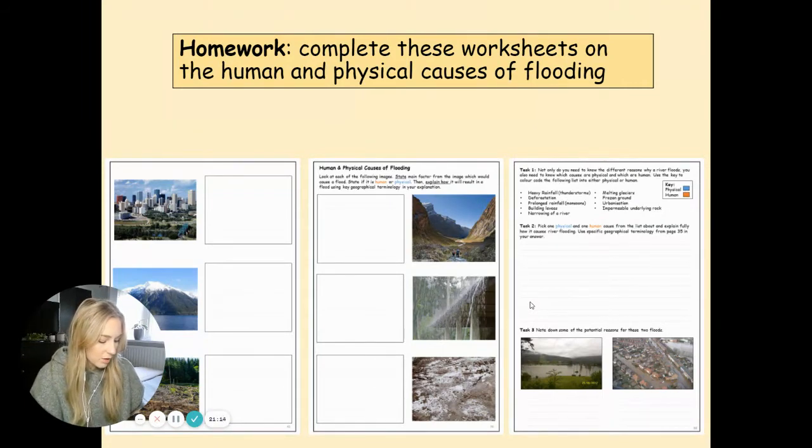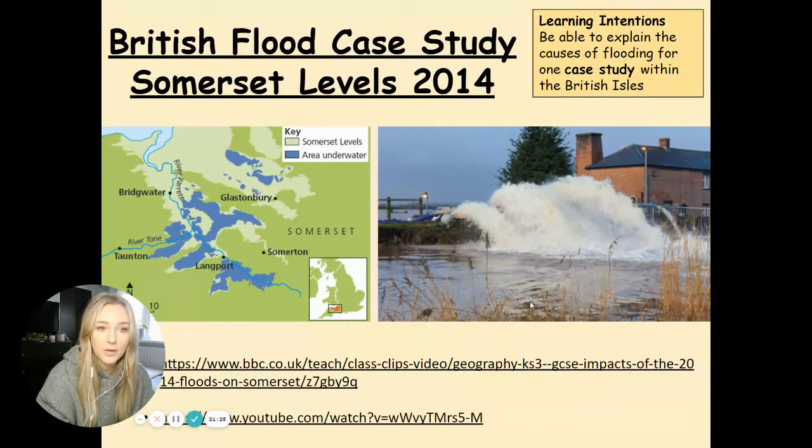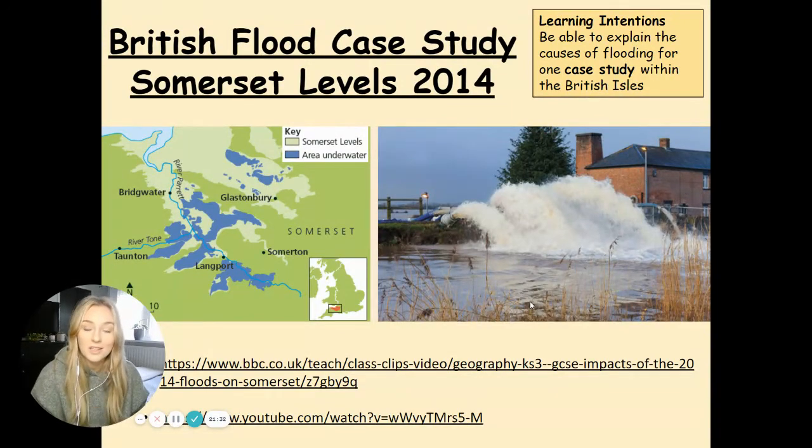And then 45 and 46 are mind maps, basically just summarising everything that I've told you so far, so you can use them however you wish. Then on page 47 we have our case study. So this is where the case study fits into the rivers topic.